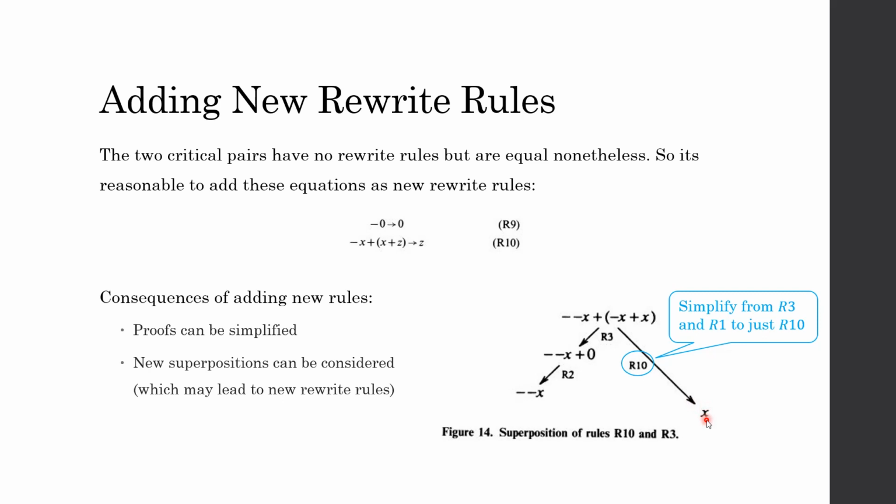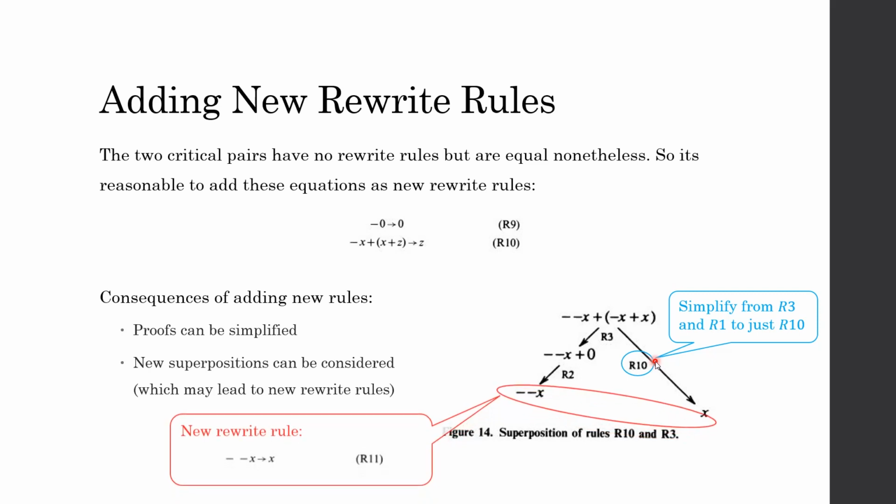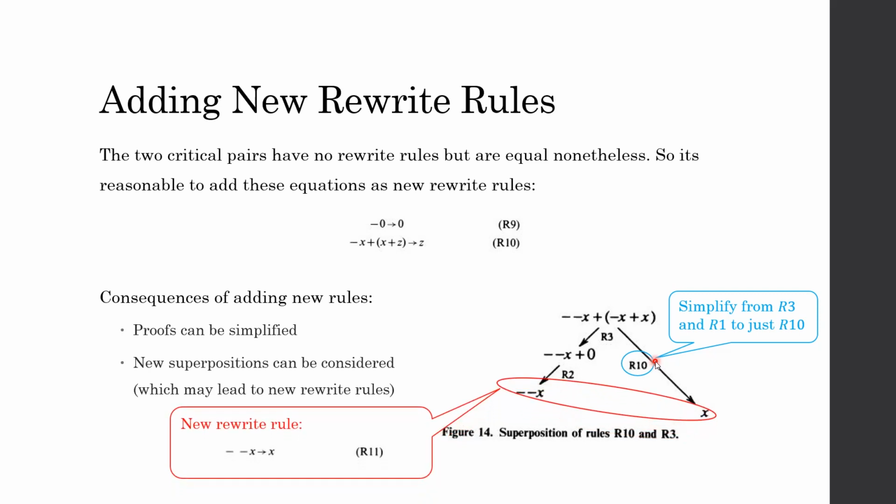But over here, after having this new rewrite rule, the proof is simplified and we can write with just R10 itself.